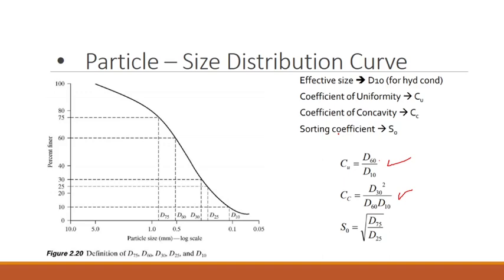And our last parameter is another measure of uniformity, generally used in geological works, and expressed as this formula. The sorting coefficient is not frequently used as a parameter by geotechnical engineers.